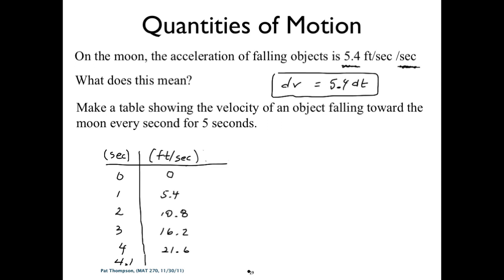What would you do? To get 4.1, you would do 21.6 plus a tenth, right? So that's our dV equals 5.4 dt. 22.14 feet per second.